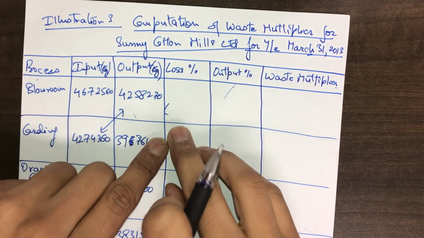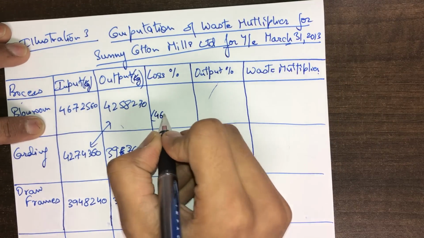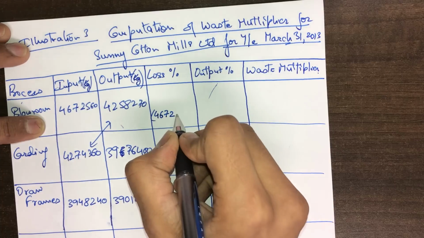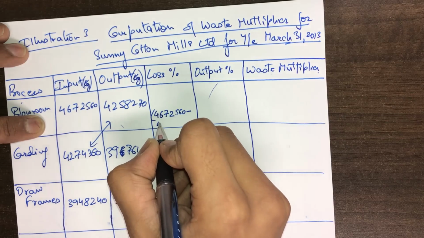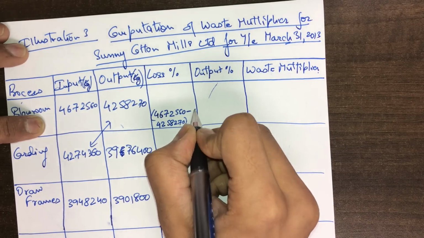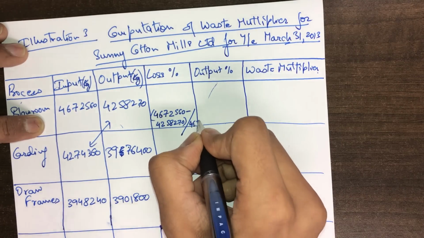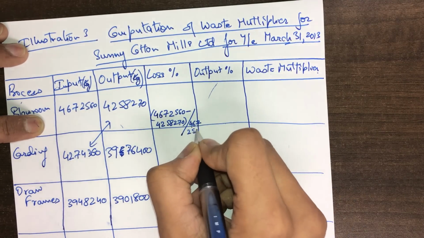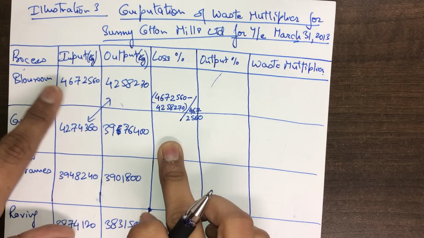Simple. Can you compute loss percentage for me? Yes, sir. Very simple. Loss percentage is computed by subtracting outputs from the inputs and dividing by the input, 46,72,560. I hope you got this calculation.